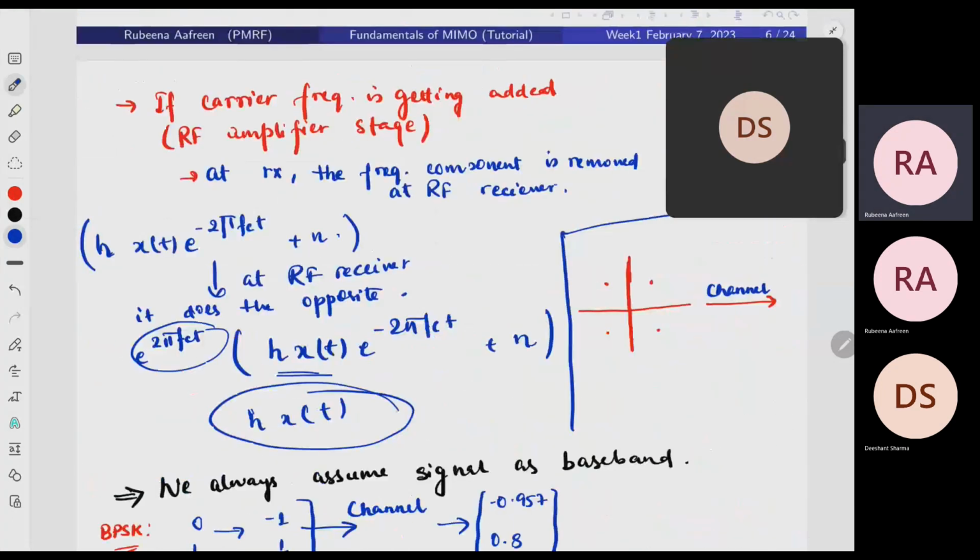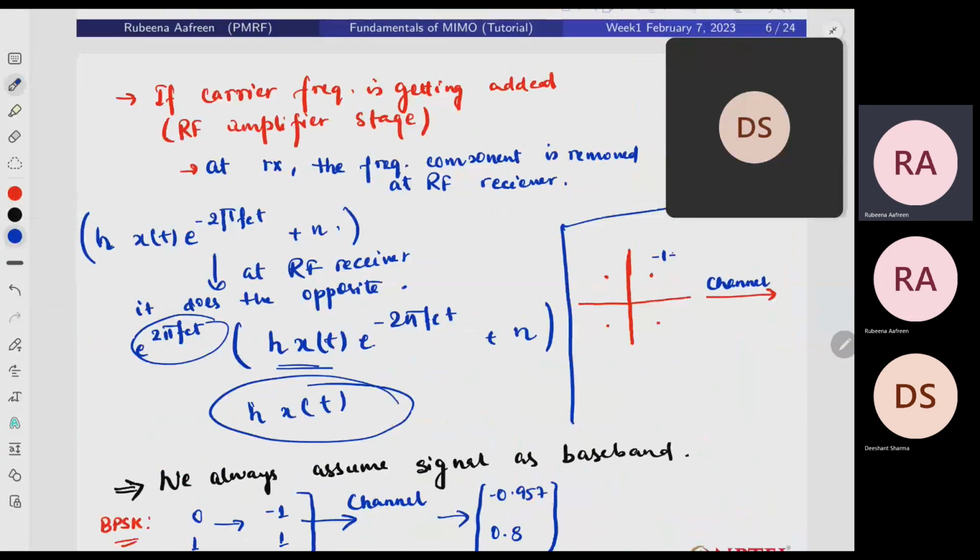Suppose this is QPSK: -1 plus i, 1 plus i, -1 plus i, -1 minus i, and 1 minus i. So these symbols are getting transmitted. If I say that x1 and x2 are two symbols that are getting transmitted, I will write it like this.